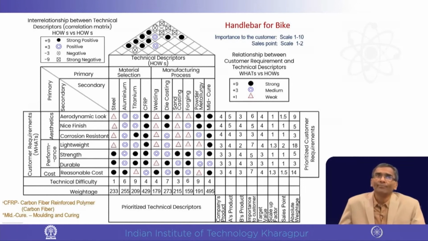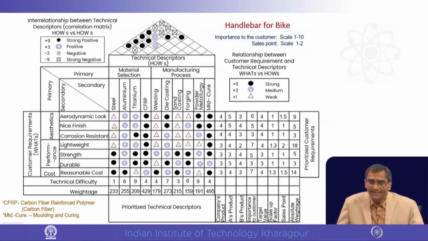So, in a car, the power steering may be more important than, for example, a leather cover on the back seat. So, importance to customer is done on a scale of 1 to 10, which is mentioned on the top here.